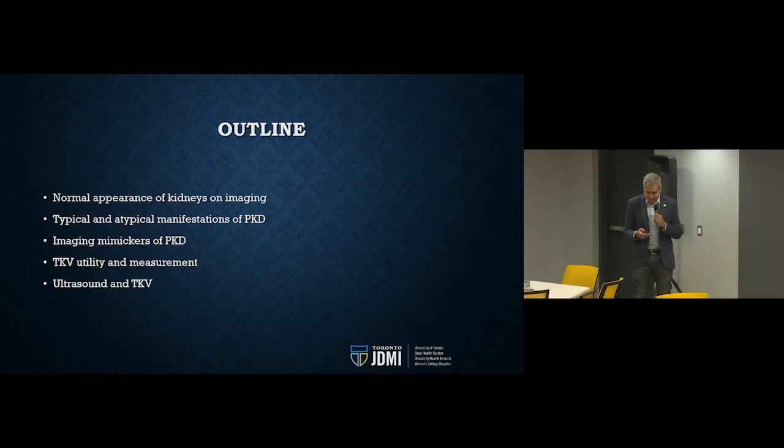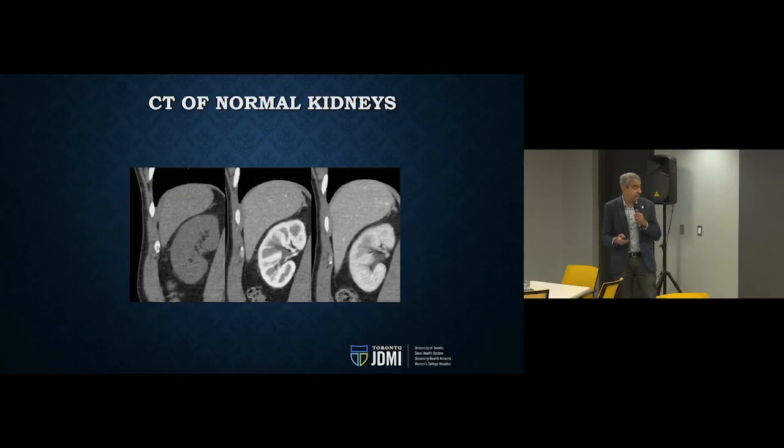I will then talk about the typical and atypical manifestations of polycystic kidney disease, some of the imaging mimickers of polycystic kidney disease, and then the utility of total kidney volume measurements and how we actually obtain those measurements, and briefly also talk about ultrasound and total kidney volume, TKV.